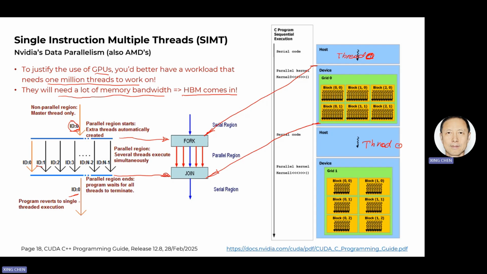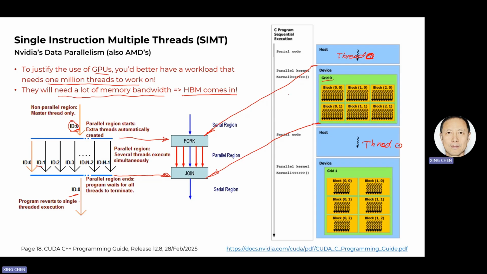Each thread is going to be executed on a core to work on a piece of the workload. For GPU, when you need lots of threads to help you work on the workload, you ask the GPU to create lots of threads, and all these threads are going to work on the workload you want them to work on.